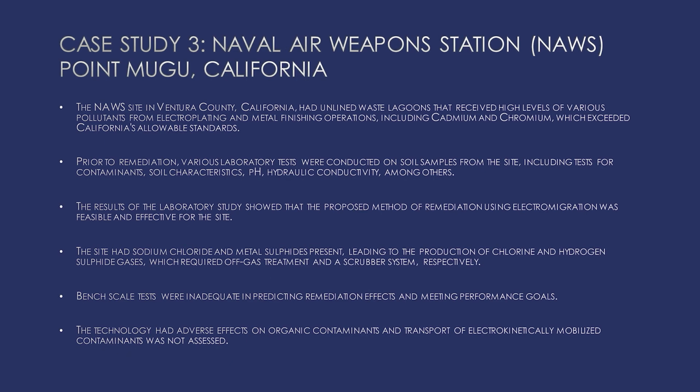The next case study is in Naval Air Weapons Station, or NAWS, Point Mugu, California. The NAWS site in Ventura County, California, previously used for electroplating and metal finishing operations, contained unlined waste lagoons that received 95 million gallons of plating rinse solution and other waste materials, including 60,000 gallons of photographic fixer solution, and rocket fuel.